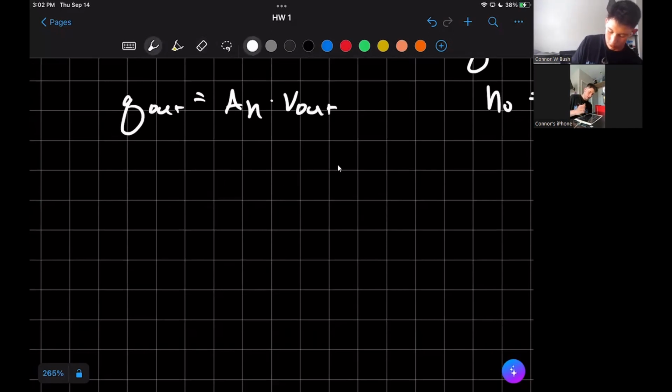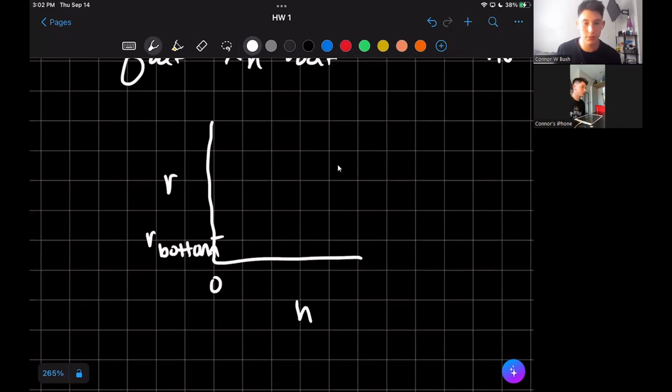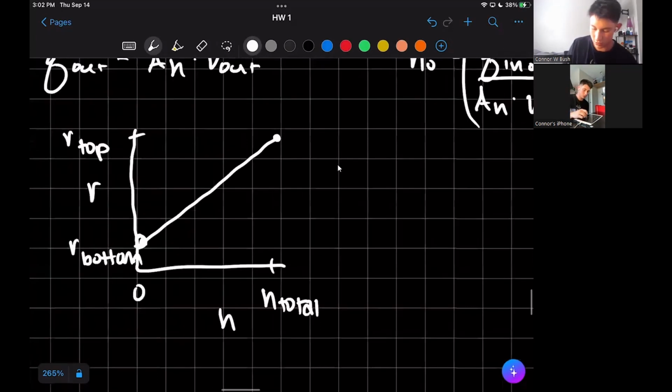So if we look at the relationship between the radius and the height, at height 0, we are looking at the bottom, the radius of the bottom of the conical tank. And then when we are at the total height, we are at the very top of the tank. So we can see that this is a linear expression.